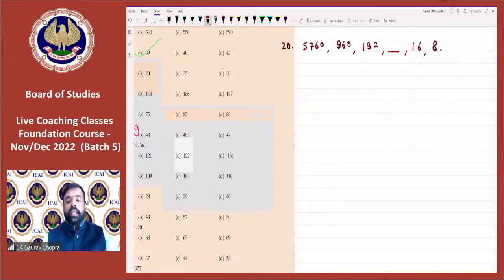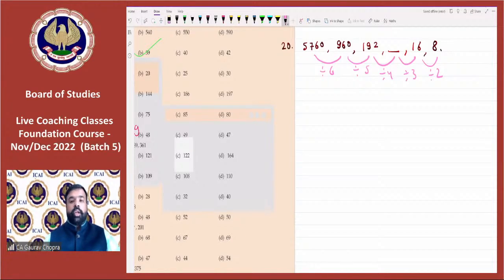Okay, so now let's see what is the relationship in the series. Now this time the numbers are getting divided by 6, then divided by 5. The next two we don't know, and then divided by 2. So it will be divided by 4 and divided by 3.